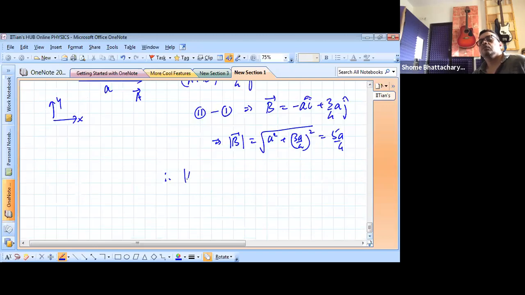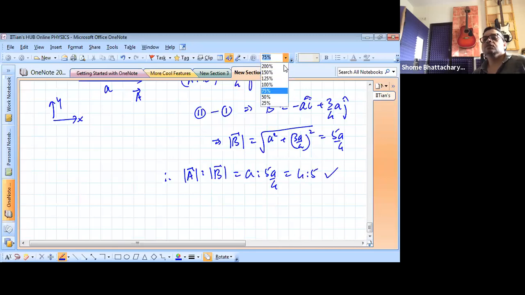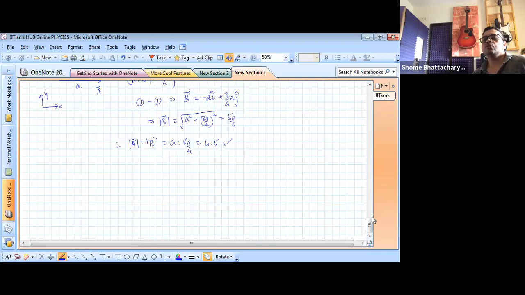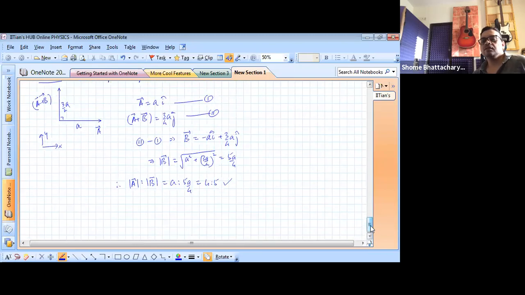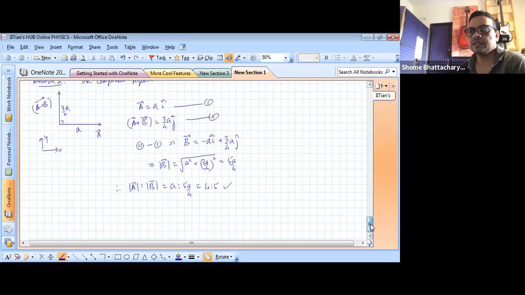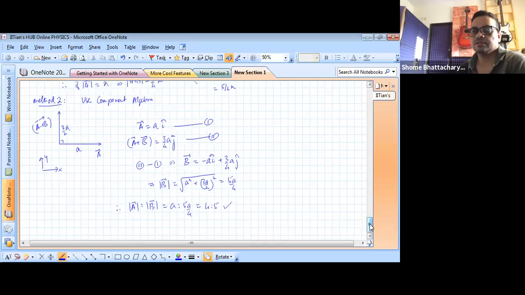Therefore, mod A is to mod B, a is to 5a/4. So this is how we can use the i cap j cap notation, component algebra, to solve the same. One way was to use the triangle's property, that it is a right angle triangle, and use Pythagoras theorem. The other is that we can make use of component algebra. So this was the 10th question.